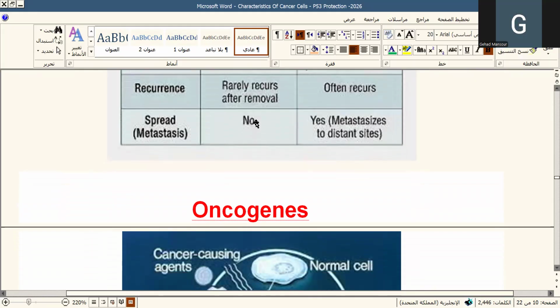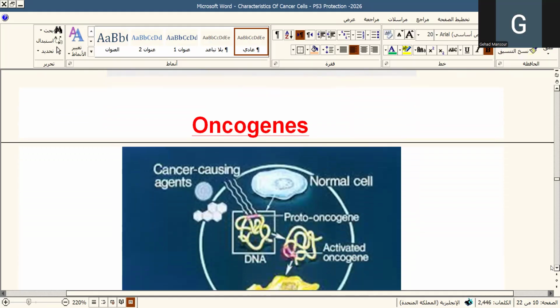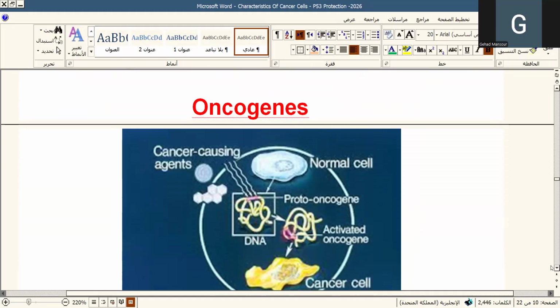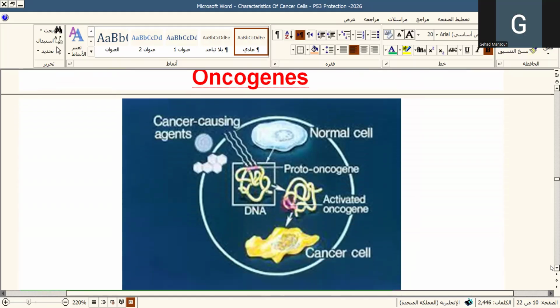Therefore, there is no metastasis or spread to distant areas in case of the benign tumors, whereas there is often metastasis via blood or via lymph, or even direct metastasis by invasion of the blood vessels, the lymphatic vessels, or the surrounding tissues.